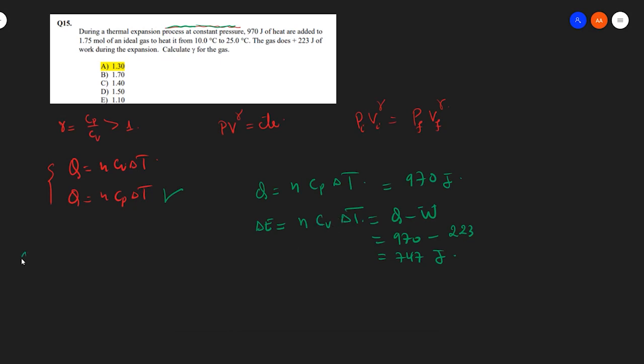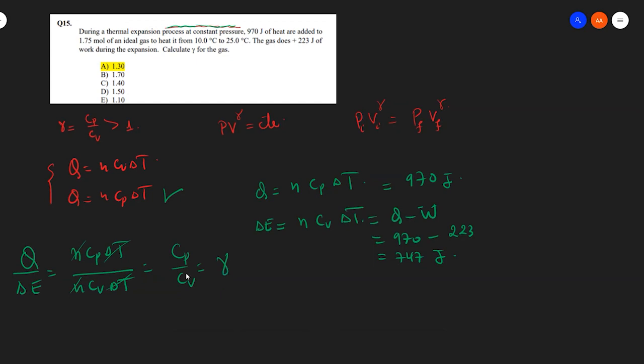If I write Q over delta E, where Q is equal to n CP delta T and delta E is n CV delta T, this one simplifies with this one, and it's CP over CV, which is gamma. You see?